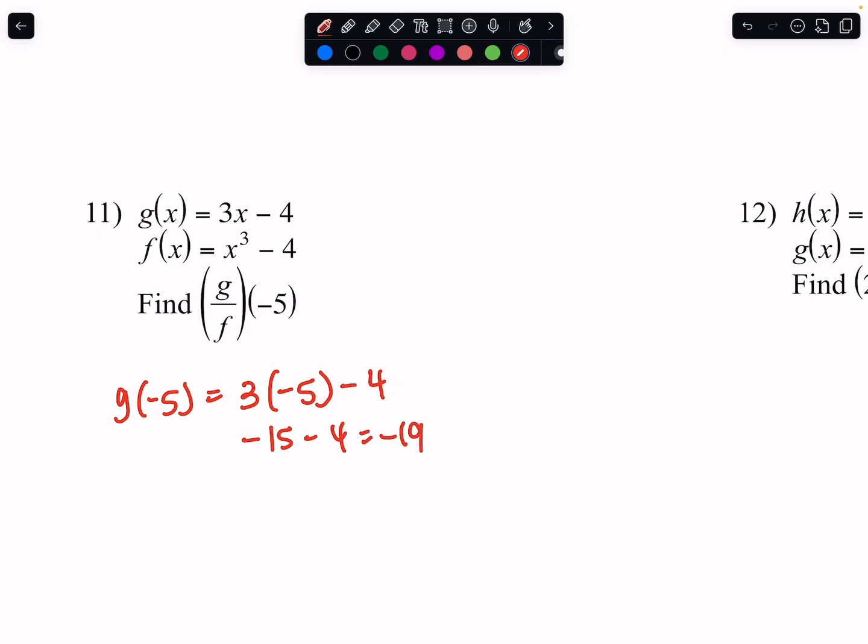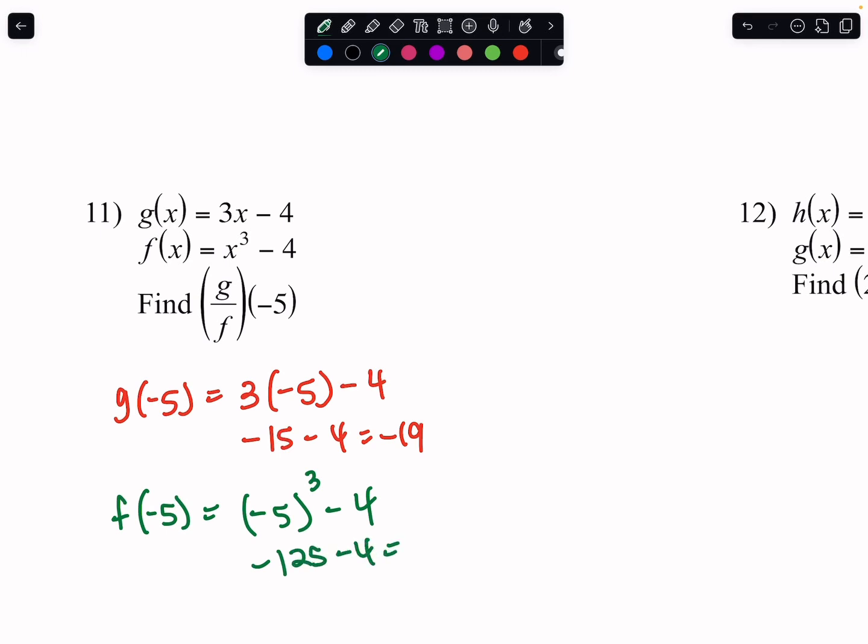And then I'm going to divide that into f of -5. I'm going to put -5 here, cubed minus 4. -5 times -5 times -5 is -125.